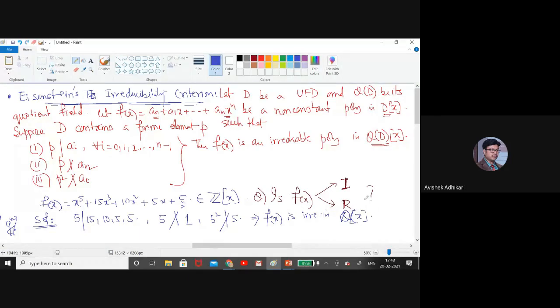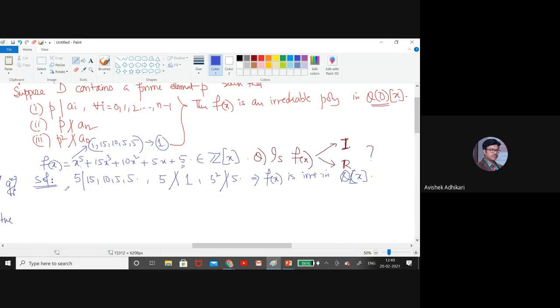But as the polynomial is a primitive polynomial, because the coefficients are 1, 15, 10, 5, 5, and the gcd is 1, and this is a unit in Z. As a result, this polynomial f(x) is a primitive polynomial, and hence by the result I already mentioned, f(x) is irreducible in Z[x] as well, because that was an if and only if property.